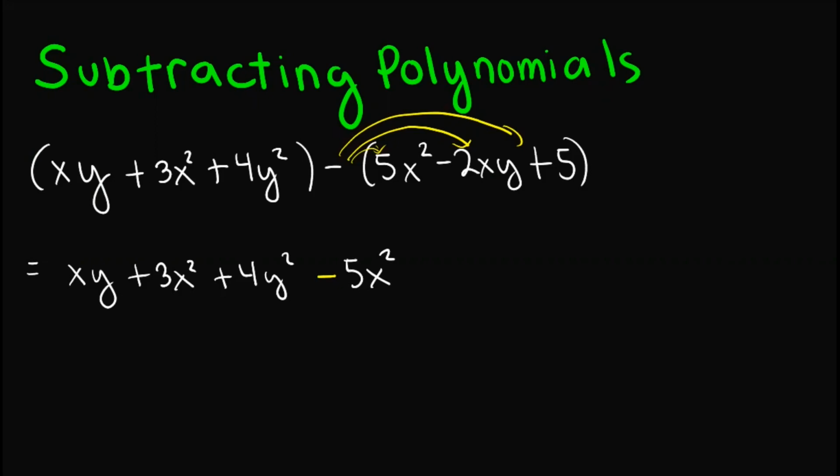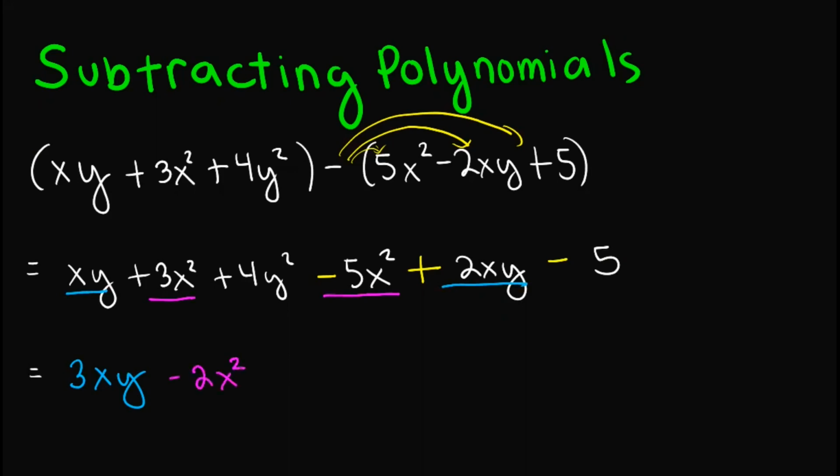Negative times negative is positive 2xy and negative 5. So simplifying this one would give us first xy plus 2xy would give us 3xy, 3x squared and negative 5x squared would give us negative 2x squared.